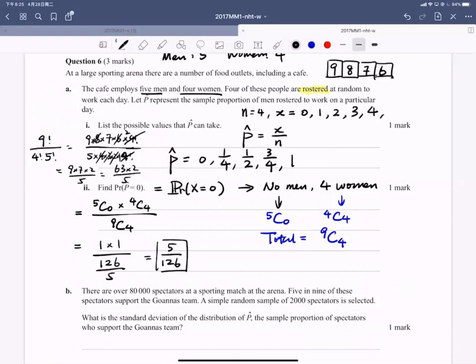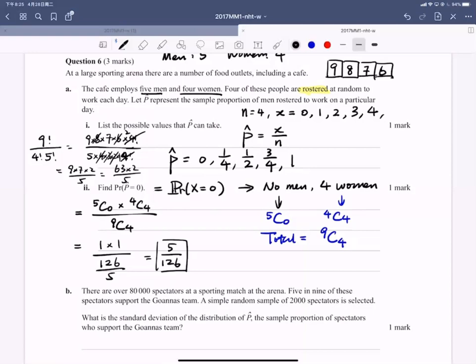It's actually 4 factorial times 5 factorial, and on top 9 times 8 times 7 times 6 times 5 times 4 factorial. And these two, you get rid of each other. Then it's 9 times 8 times 7 times 6 times 5 over 1 times 2 times 3 times 4 times 5.